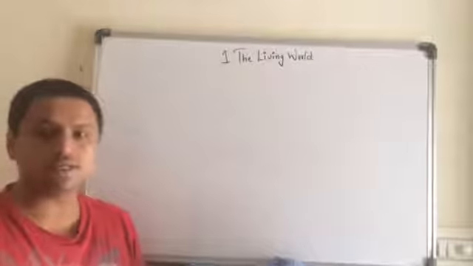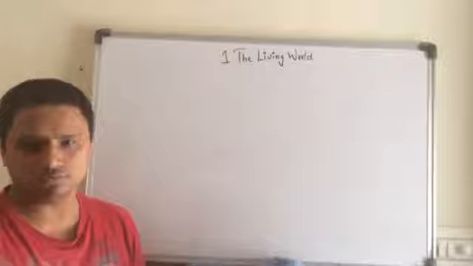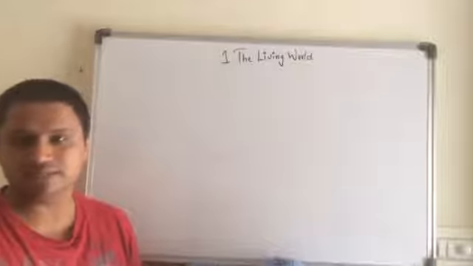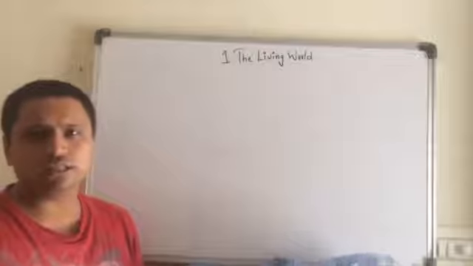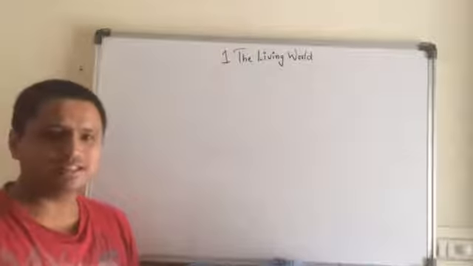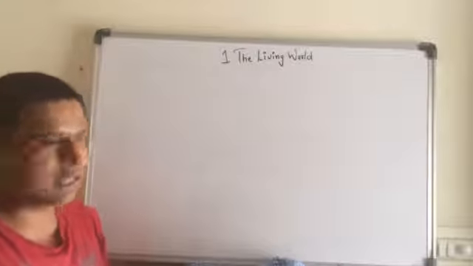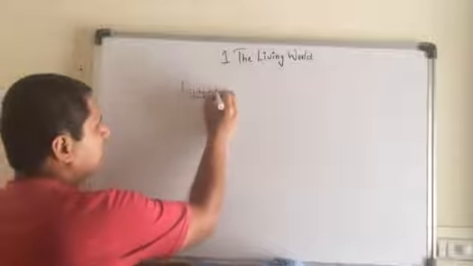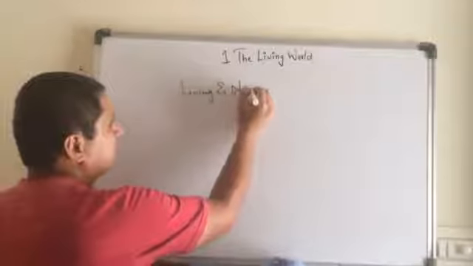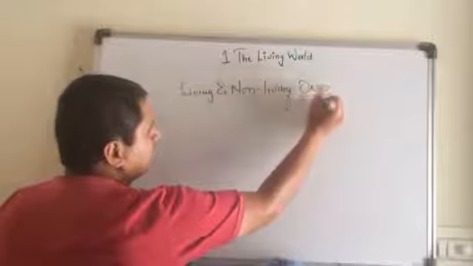And of course the humans, they are surrounded by each and every other organism, the different species and the animals as well. But it is interesting to know what in this living world differentiates the two things, that is the living and the non-living organism.